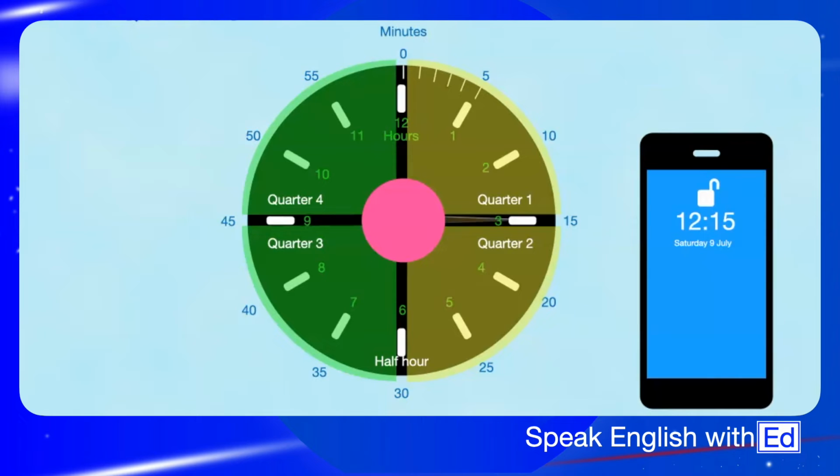So when the minute hand gets to 15, it's travelled a quarter way round. Remember, with the 30 minutes it had travelled half. Well, now it's travelled half of half, so it's gone a quarter. That's 15, so we say it's a quarter.